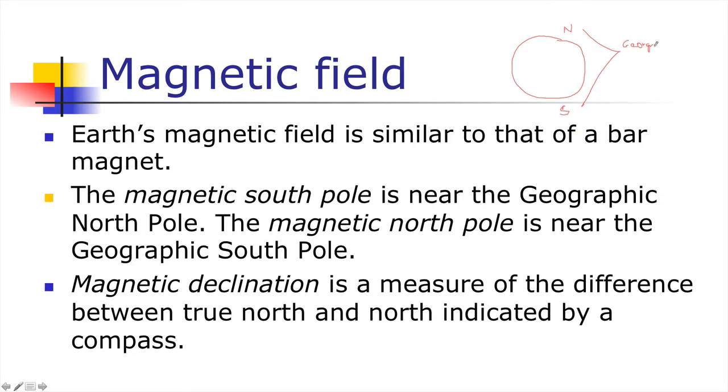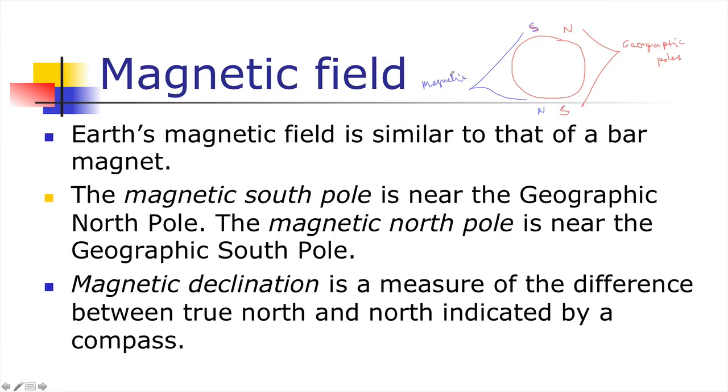So, geographic poles. And the South Pole, let me use a different color so that this South Pole is here, North Pole is here. That is the magnetic pole of the Earth.